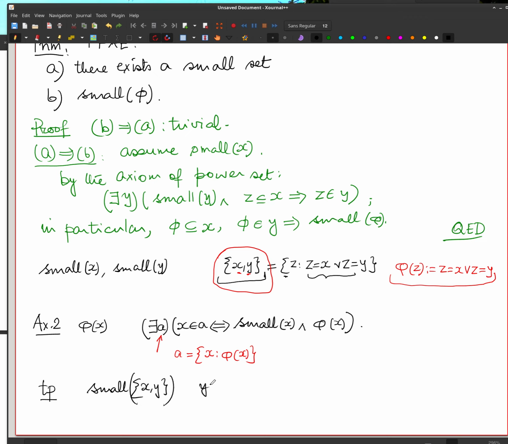So you need to find a set, may not be small, say A, such that this unordered pair is a member of A. So if we can find this A, we are done, right? Agreed?